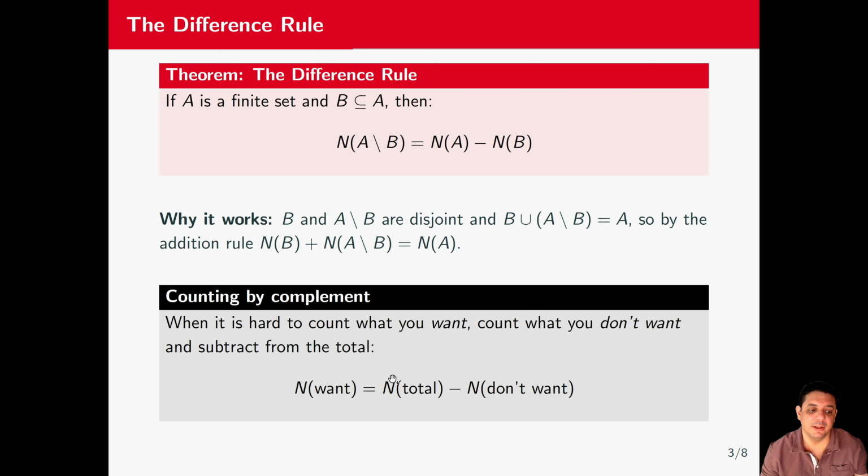In general, this is good for counting by complement. When it's hard to count what you want, you count what you don't want, and then subtract from the total. So the number of things that I want is the number of things in the total minus the number of things that I don't want.